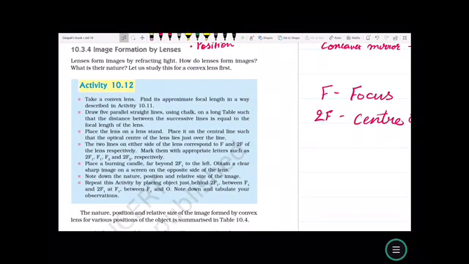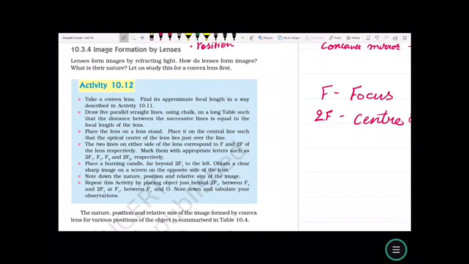But we will use 2F and F. Now mark them with appropriate letters such as 2F1, F1, F2 and 2F2 respectively.